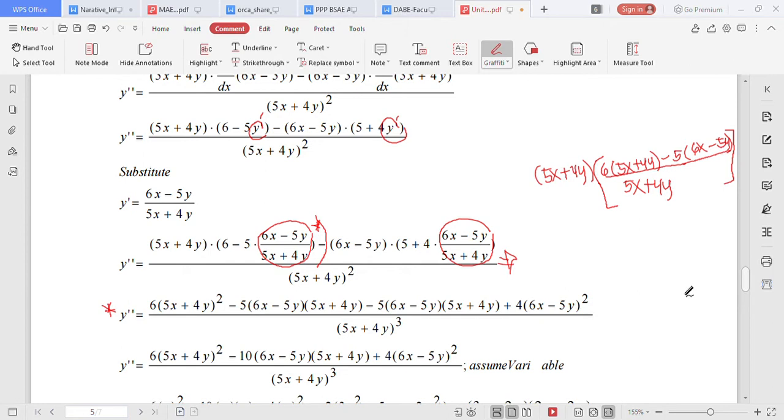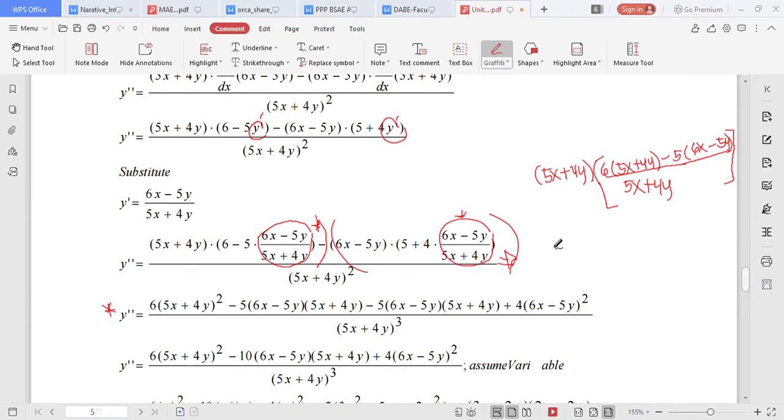Such that, if we separate this one, it will just be 6. If we separate this one, since this is the common denominator, it will look like this. Now on the other side, we have a minus.